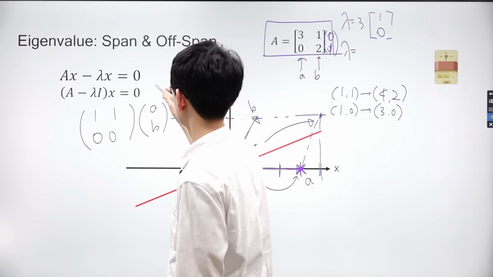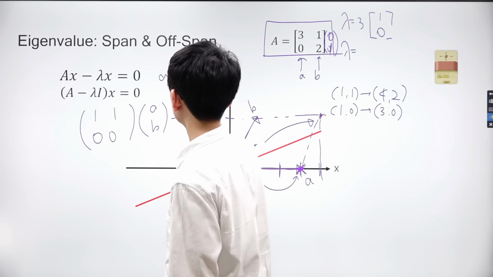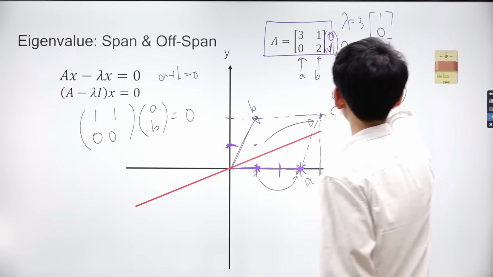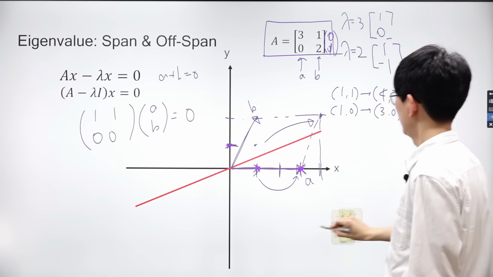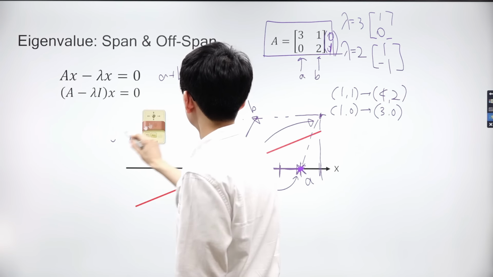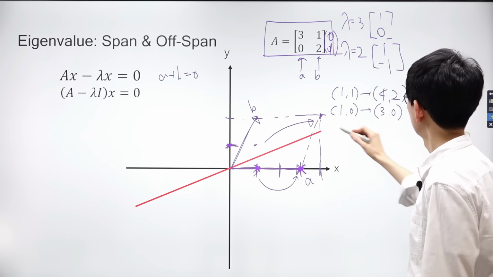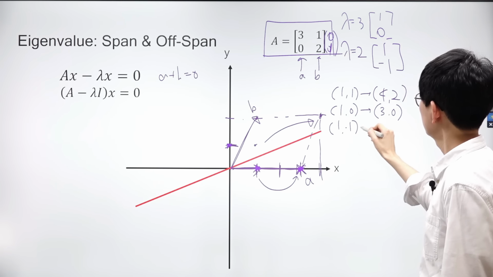The values in the matrix A minus lambda I are 1, 1, 0, 0. If we multiply the matrix by the eigenvector for eigenvalue of 2, we get 0. Thus, the eigenvector for the eigenvalue 2 is 1, negative 1.